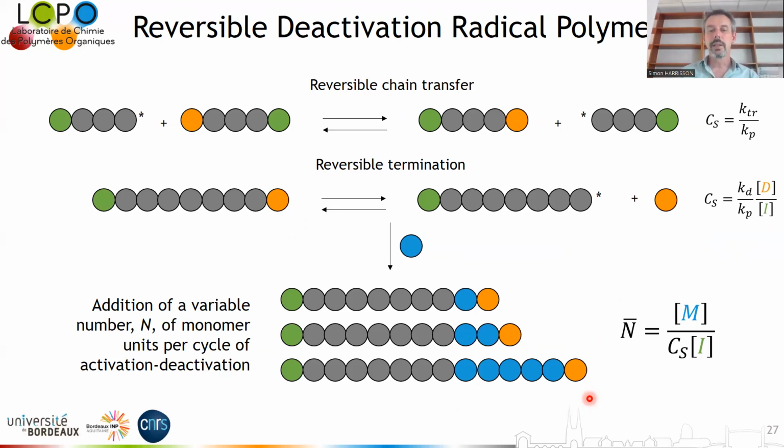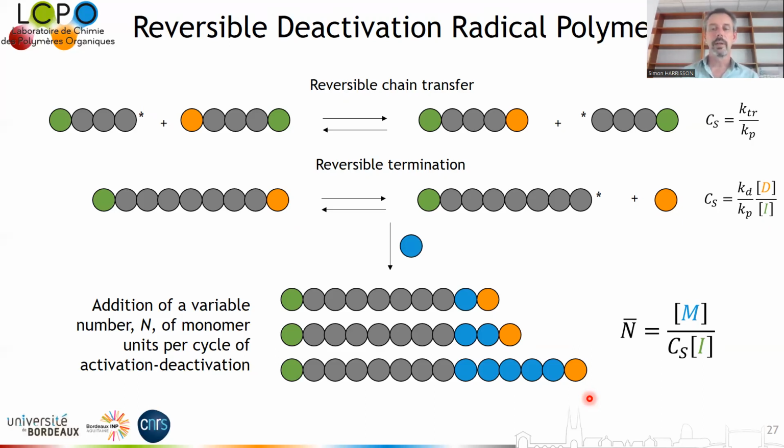And what really controls the dispersity in the reversible deactivation radical polymerization is, on the one hand, the number of times that these activation-deactivation cycles take place, and secondly, the number of monomers that are added on average in each of these activation-deactivation cycles. The smaller that number of monomers and the more cycles take place, the smaller the dispersity will be.